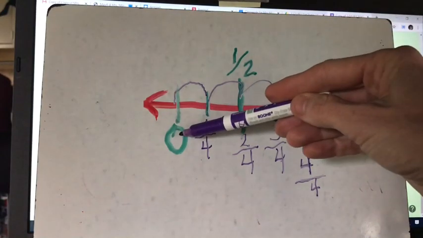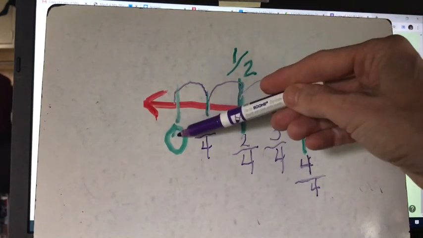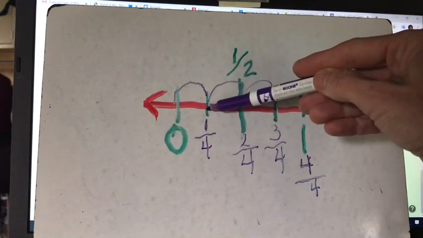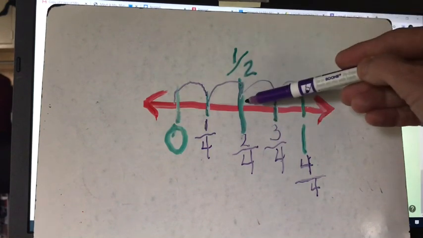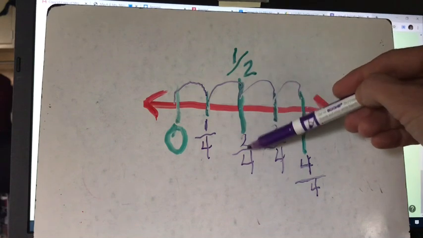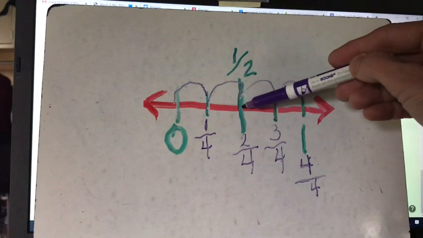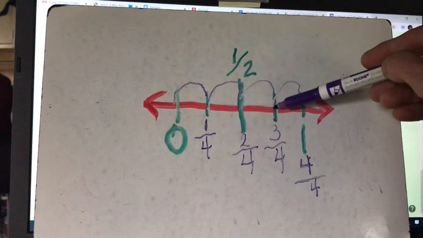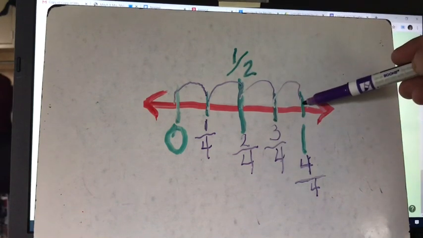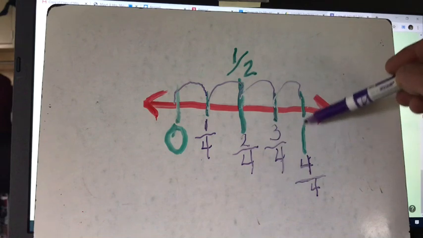So if you look at the number line now, we have 0. Our first jump is 1/4, 2/4. 2 is half of 4, so that's also a half. I take another jump, 3/4, and then 4/4 is also known as 1.